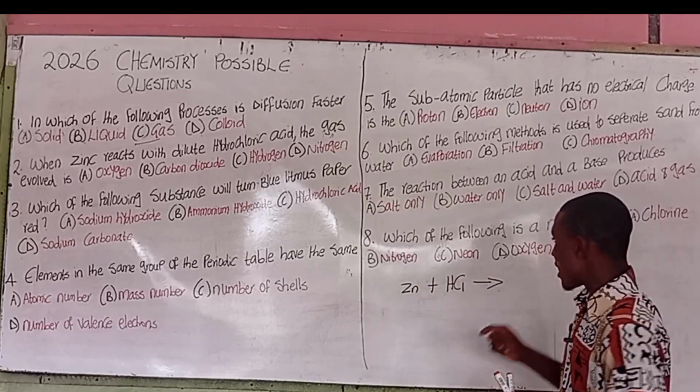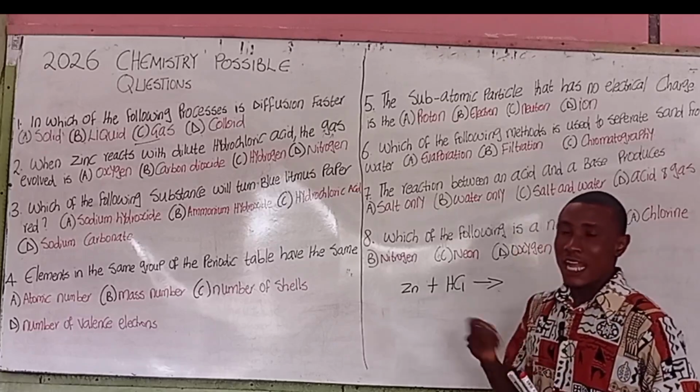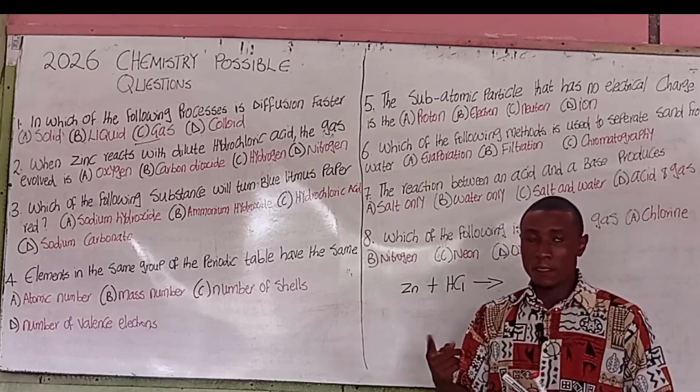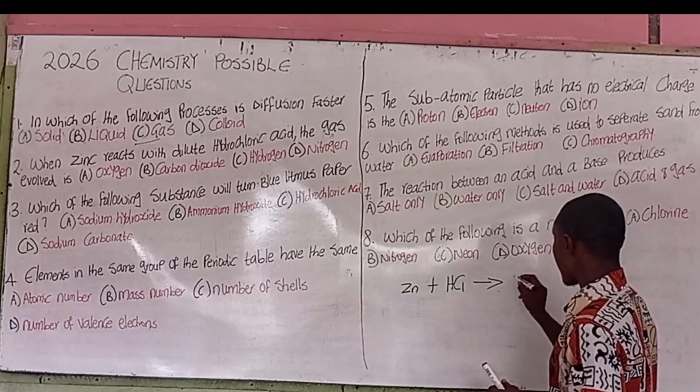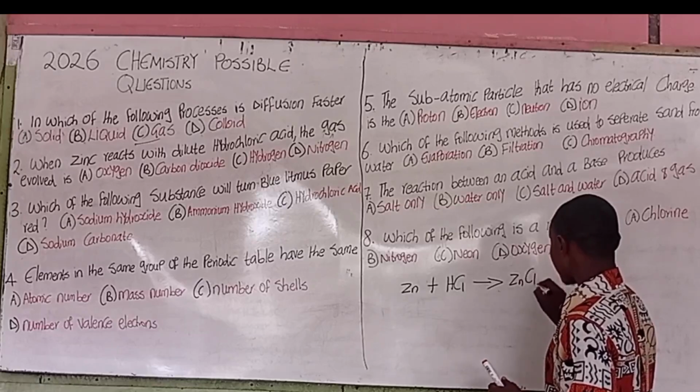Acid reacts with a metal to give us hydrogen, and in turn forms a salt. So at this point, what we are going to have here is zinc chloride.